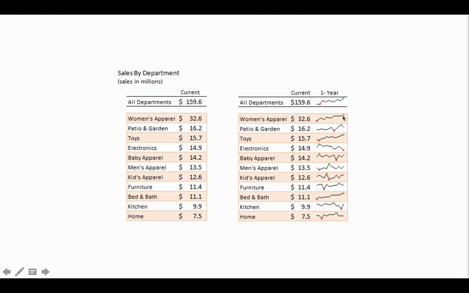Toys and women's apparel is the highest it's been. Patio and garden is coming kind of down. It's probably cyclical for the summer, etc. So one of the things that sparklines do is help you use a very little bit of real estate to give you a whole bunch of context about how to evaluate this number as being a good number, or a quote unquote bad number.